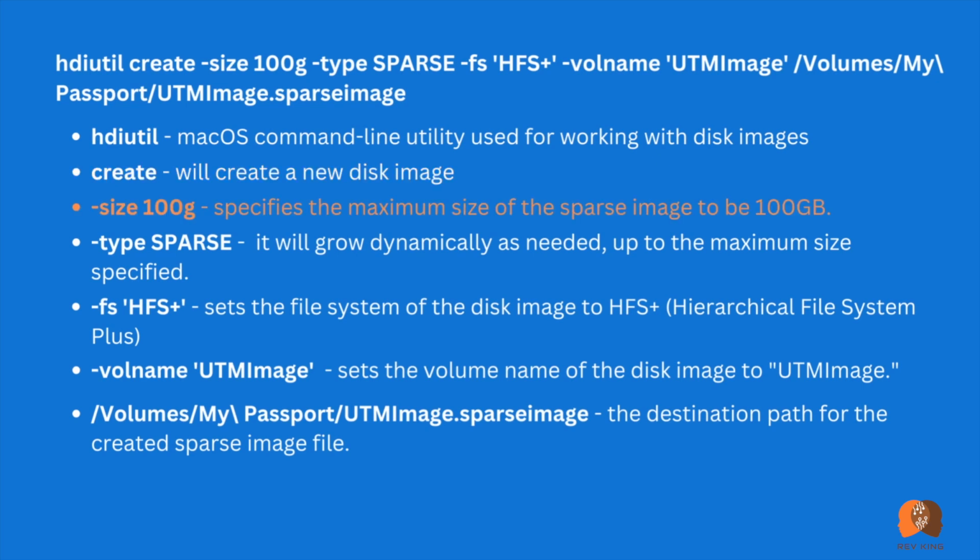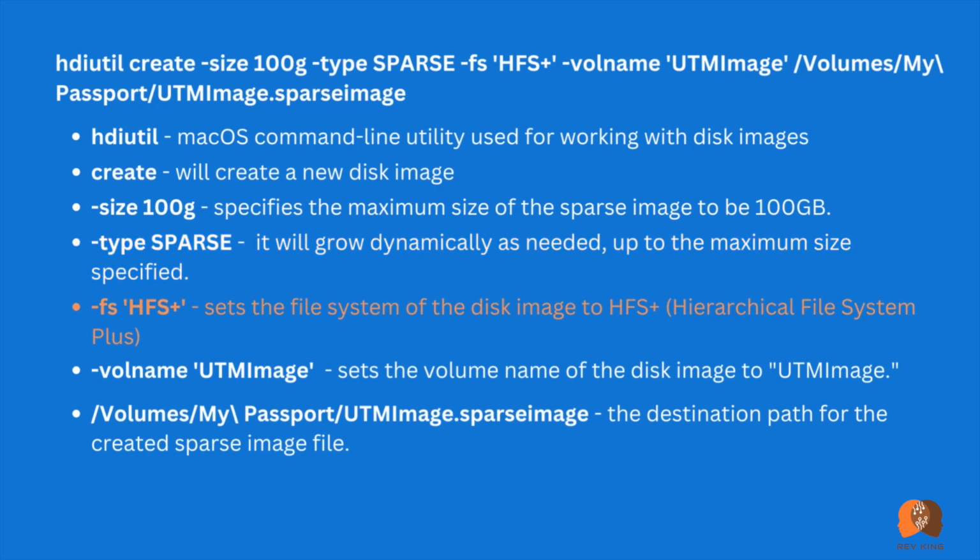The -size 100G specifies the maximum size of the sparse image to be 100 GB. And the -type SPARSE sets the disk image type to sparse, meaning it will grow dynamically as needed up to the maximum size specified.